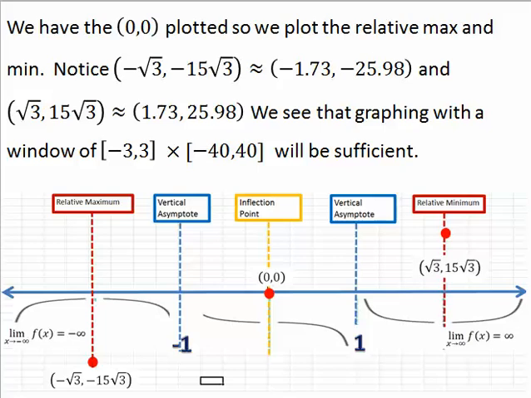So we're going to want radical 3, 1, and negative 1, all of those x values to be included, as well as the y values of the relative max and relative min. So it looks like a window negative 3 to 3 by negative 40 to 40 will suffice.